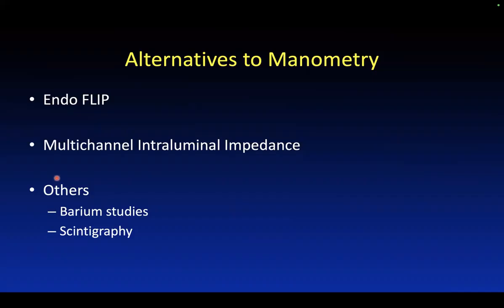Most of these impedance studies that we now conduct are usually with the pH study and not with the manometry study. But mind you, the manometry systems also have the capability to incorporate impedance systems within them. How they help you, I'll come to that later. And obviously there are other studies like barium, which has been there since long. But now manometry has overtaken as the primary modality to check for esophageal dysmotility.